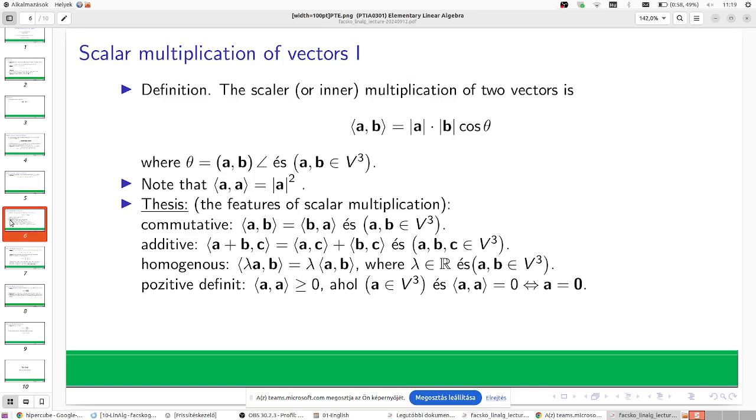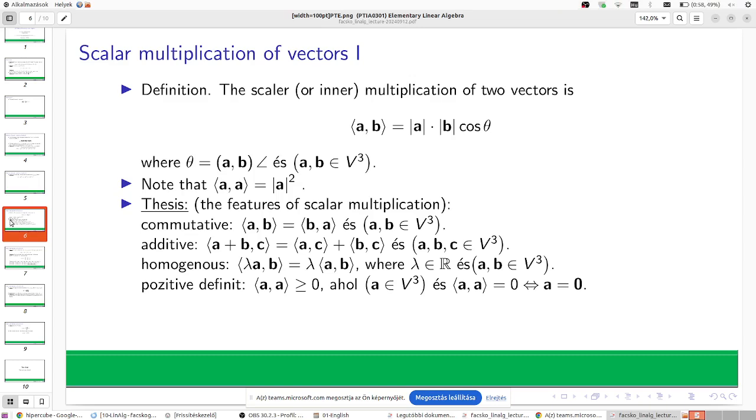We have 10 minutes. I should prove this. The second equation is also true. If you multiply a vector with a lambda number and then do the scalar multiplication, then you can remove this lambda number from the scalar multiplication.